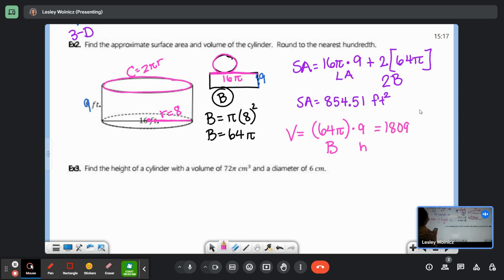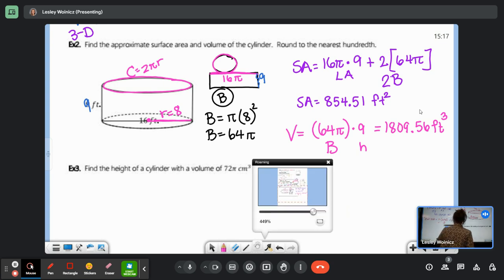I'm getting 0.56. Okay, what kind of feet? Cubic feet. Okay, we got 3 dimensions. We need a power of 3.